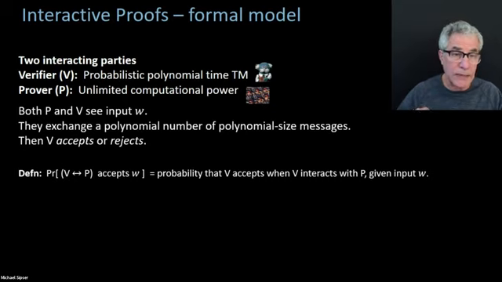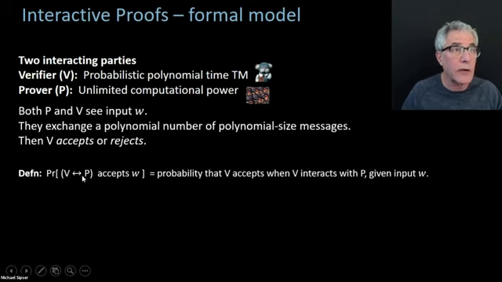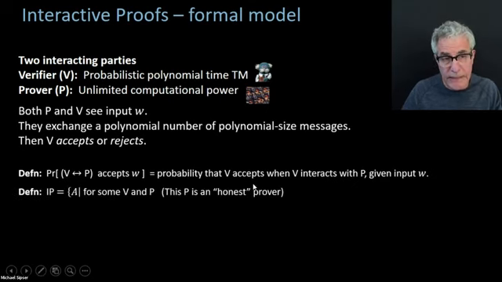So over all the different possibilities for the verifier's computation, we're going to look at the probability that the verifier with this particular prover ends up accepting. I've written it this way: the probability that the verifier interacting with the prover accepts the input. It's just simply that. And we're going to work through the previous example more precisely in a second.